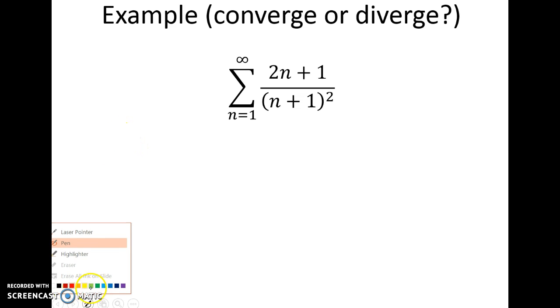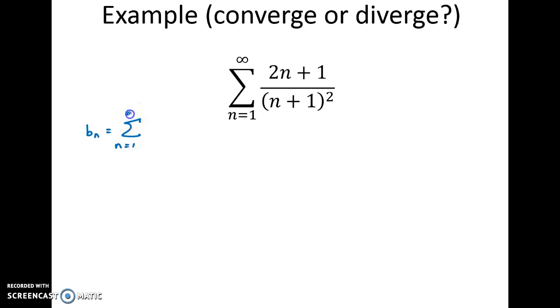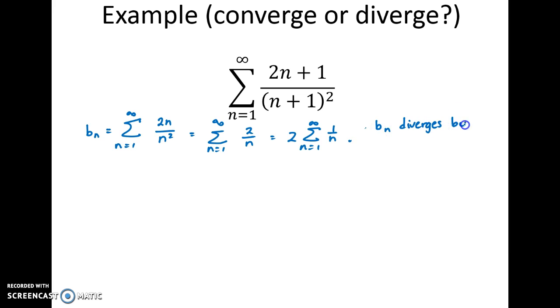So the series that I'm going to compare this to, let B sub n equal the sum from n equals 1 to infinity of 2n over n squared, which is the same thing as 2 over n, which is the same thing as 2 times 1 over n, which diverges by the p-series test.